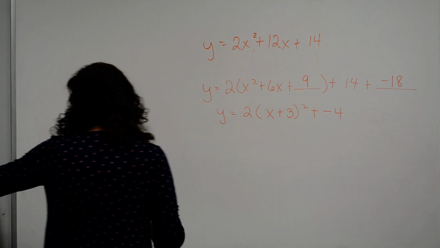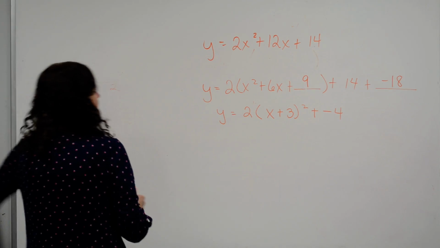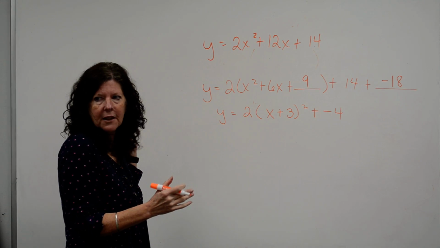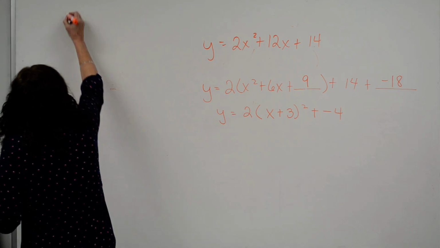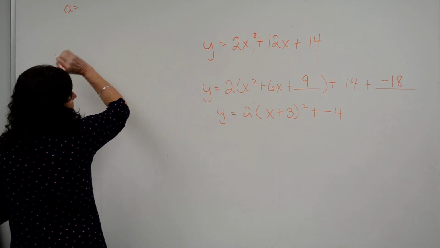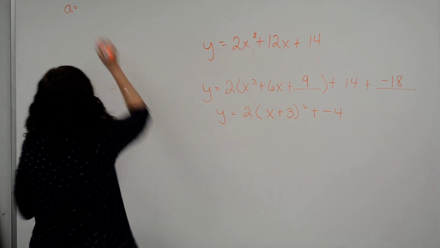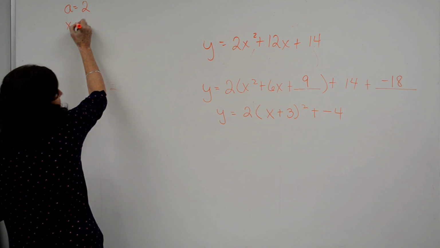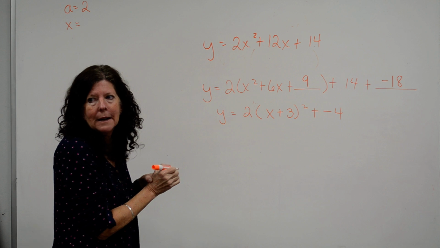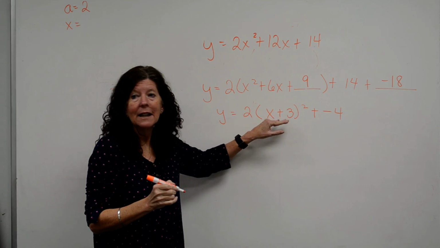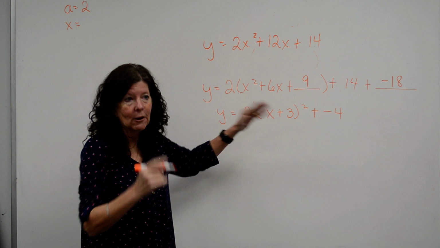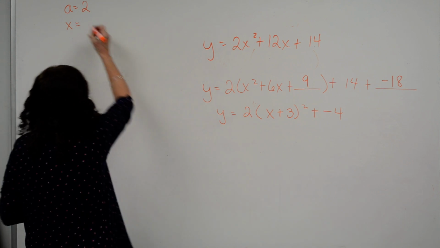Okay, now, understand, I'm right here. I can figure out everything that's on that thing by going down. So what is my A value? 2. What's my X value? It's actually negative 3. It's the opposite of what you had here. Remember, if it's in the parentheses, it's the opposite.